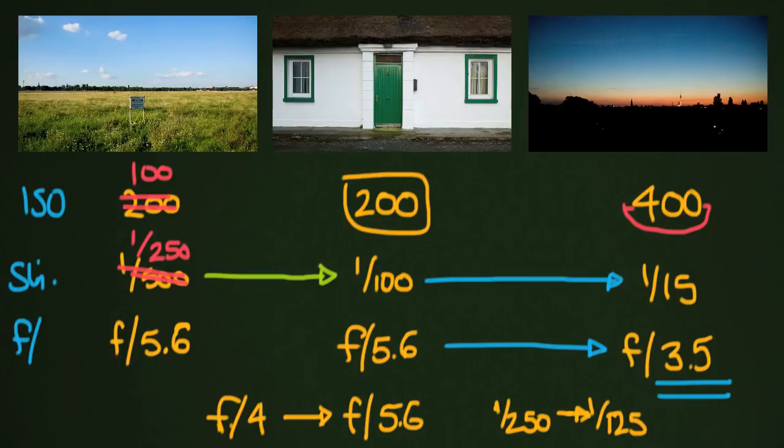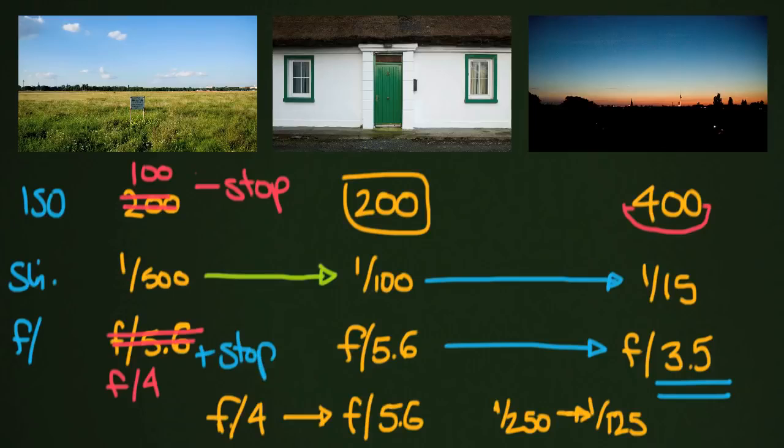If you were not to double the amount of time, you would have to add more light, so you'd have to move this to f4. So you've moved one stop here, so we've got minus one stop, and now we need to add a stop somewhere else, so we've added our stop here.